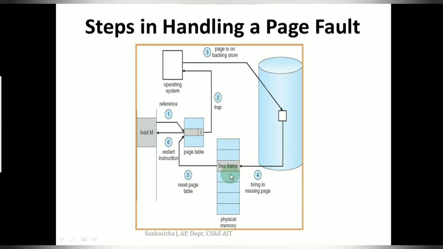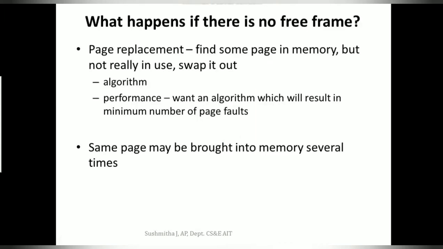What do I do? That is when we talk about your page replacement. That is one of the concepts that you have in the coming topics. So what is page replacement? We will be finding a particular frame in the main memory which could be replaced, that is, swapped out, and we bring in another page which needs to be executed.